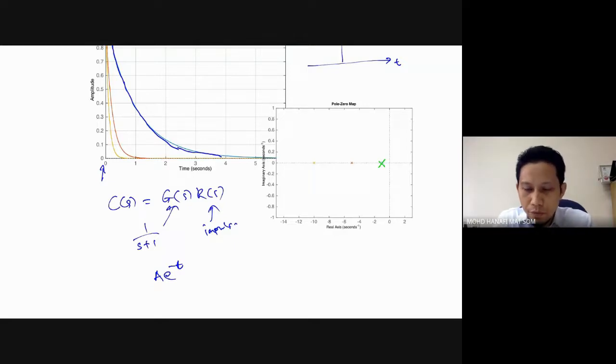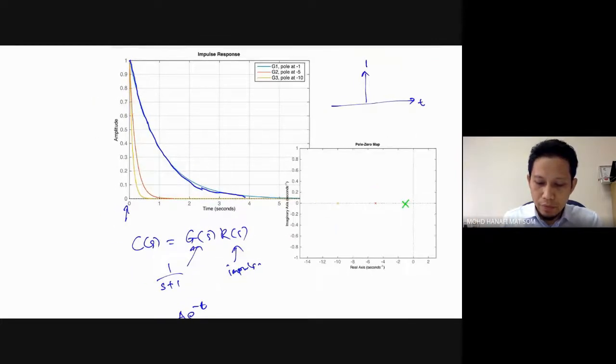Okay, so if you calculate using your calculator, exponential negative t, you will get some value. So as you vary the value of t from 1, 2, 3, 4, 5, the value becomes lower and lower. The amplitude, or the value of exponential negative t, becomes lower and lower.